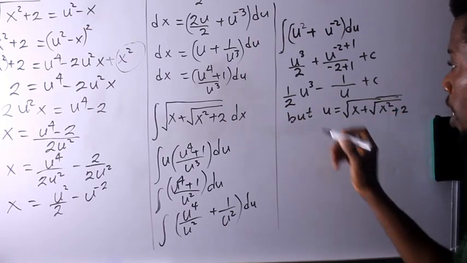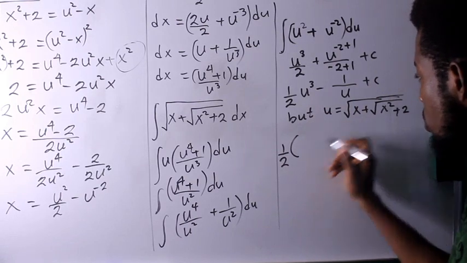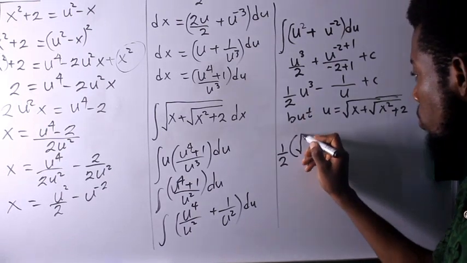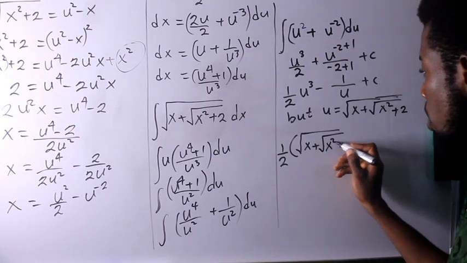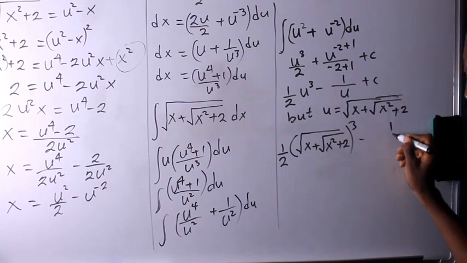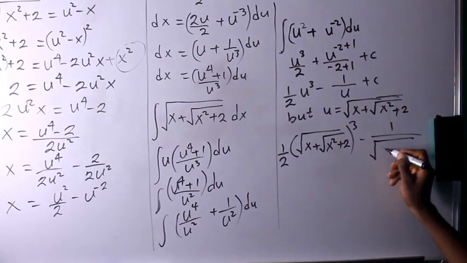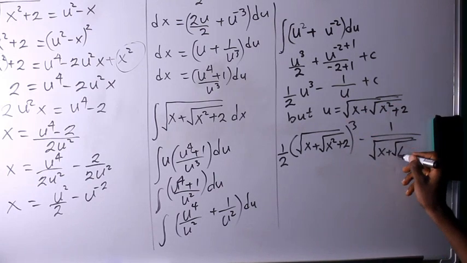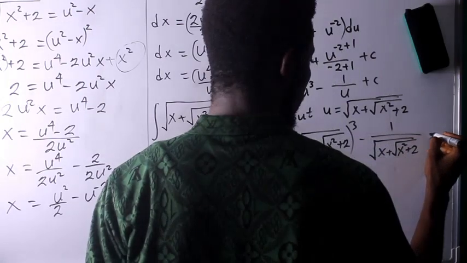Therefore, our final answer will be 1 over 2 parentheses, this is u cubed, so the square root of x plus the square root of s squared plus 2 all cubed, minus 1 over, and this is u, the square root of x plus the square root of s squared plus 2, and then we have a plus c.